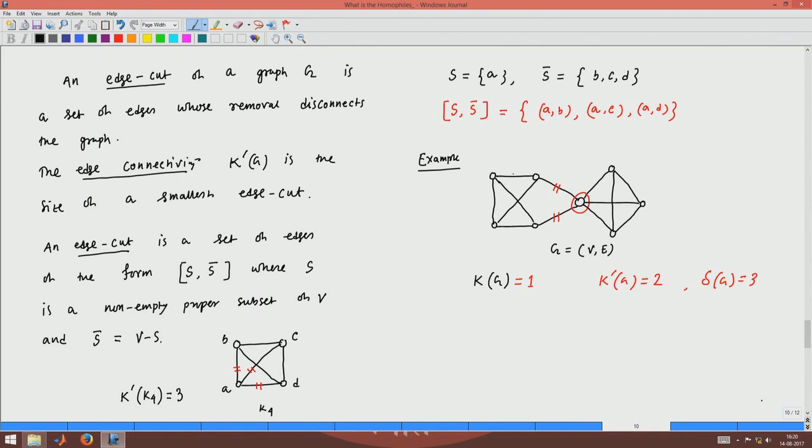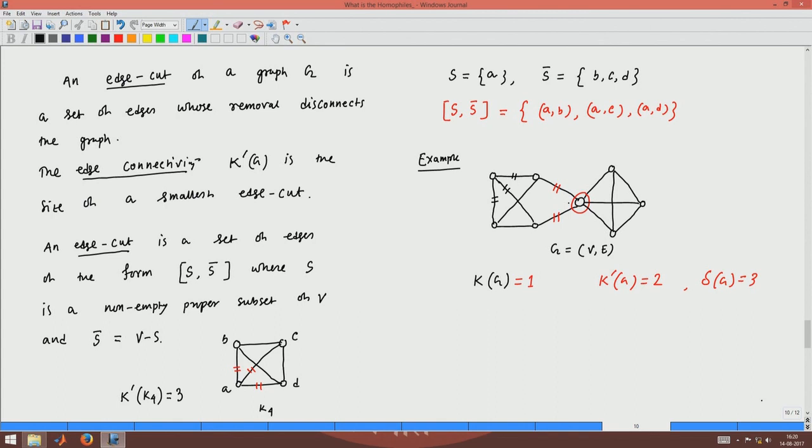So, if I remove these 3 edges from the graph, then the graph also becomes disconnected, right. But there is another way of making the graph disconnected. If I just remove these 2 edges, then also the graph becomes disconnected. Okay.